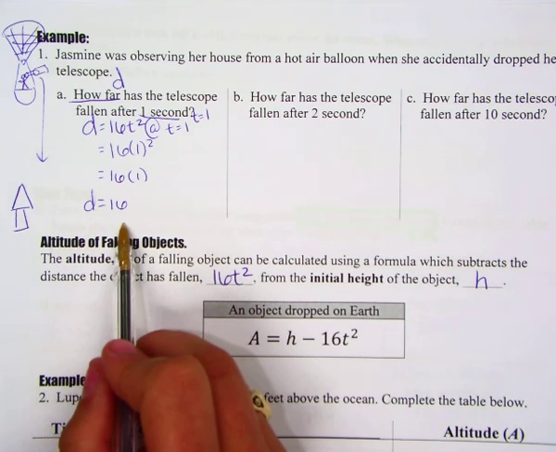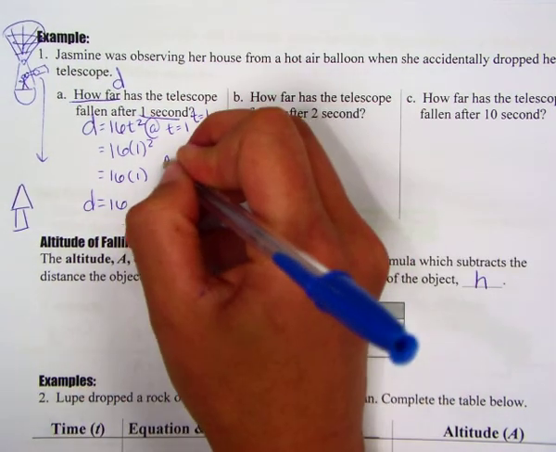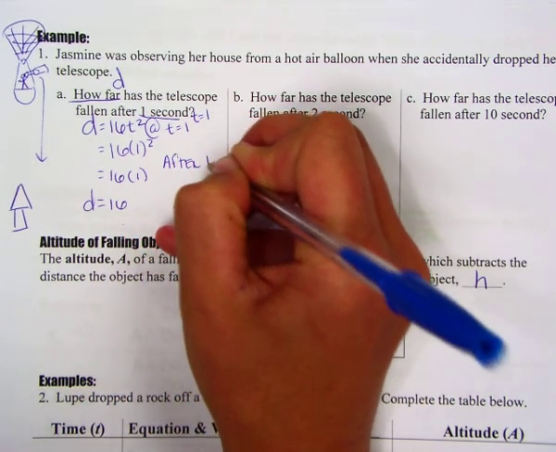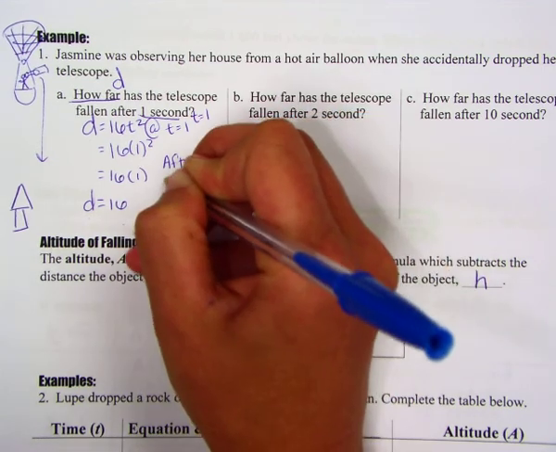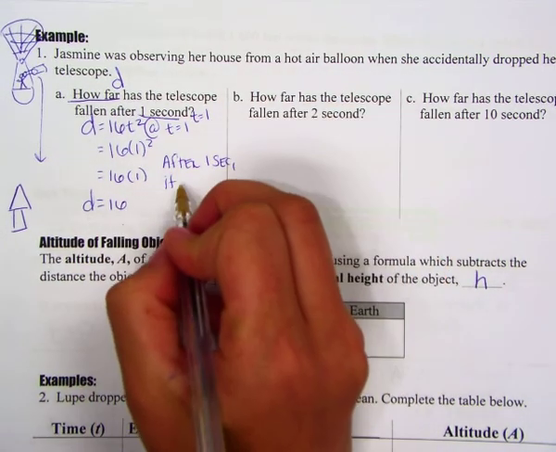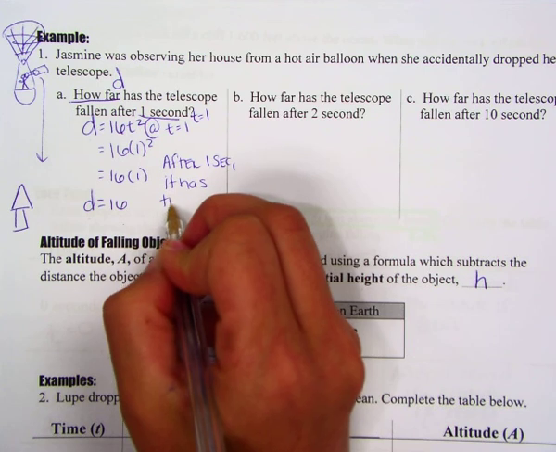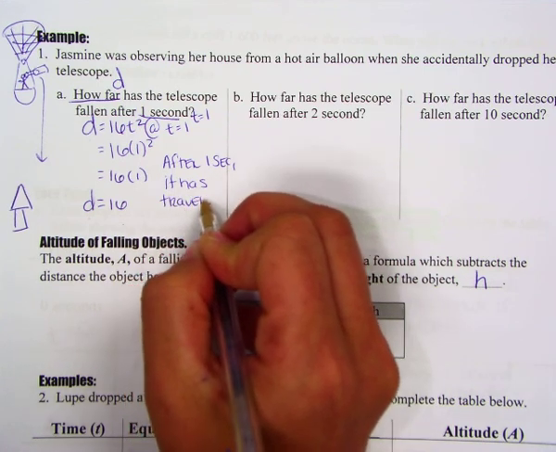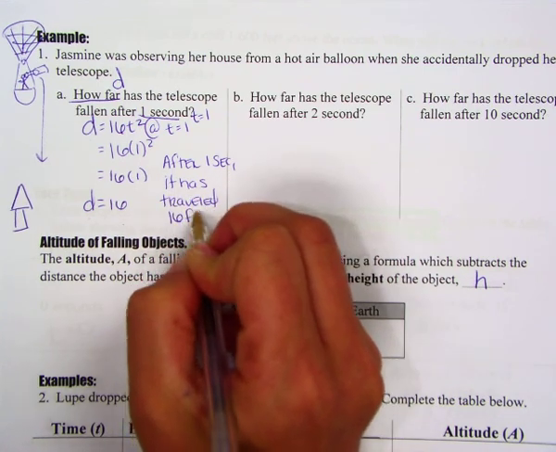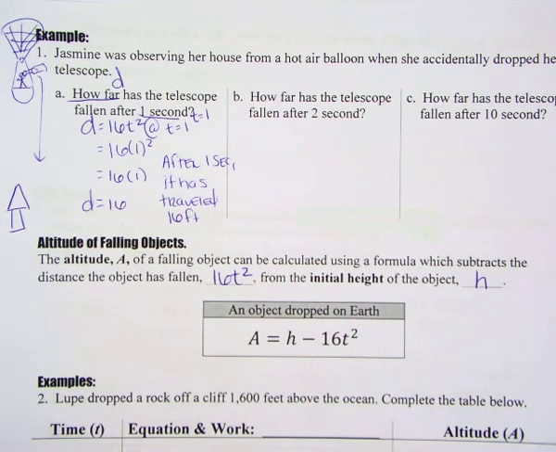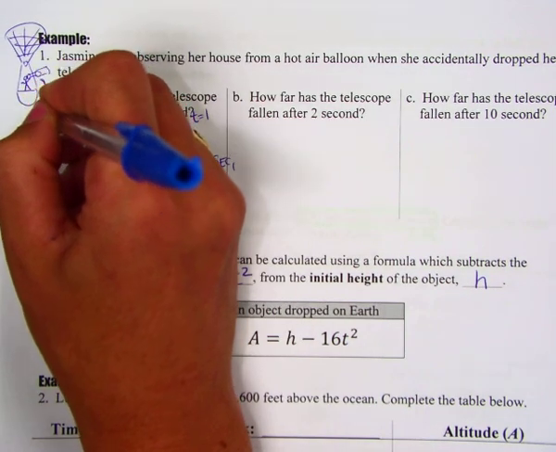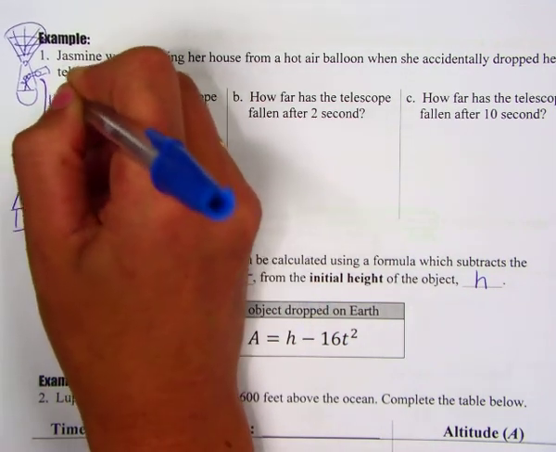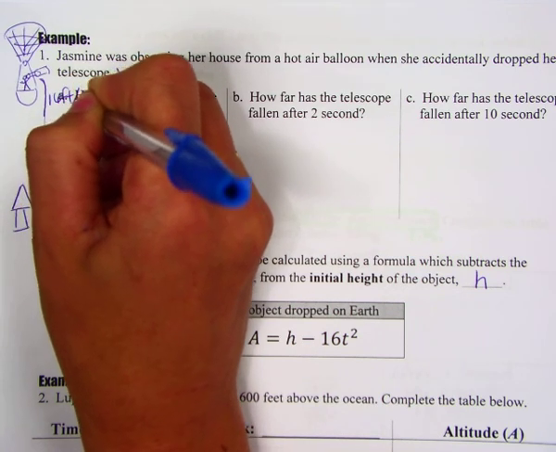So d equals 16. What this means is after 1 second, the telescope has traveled 16 feet.